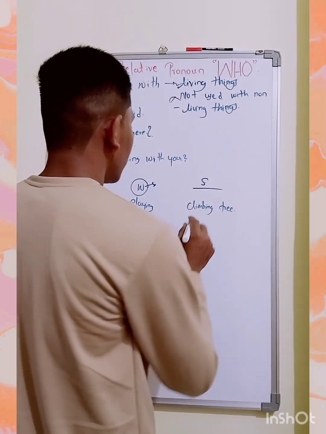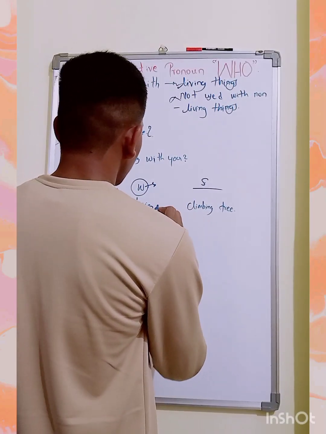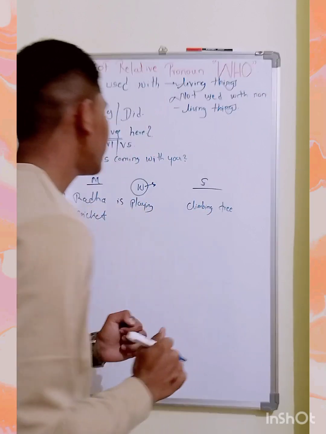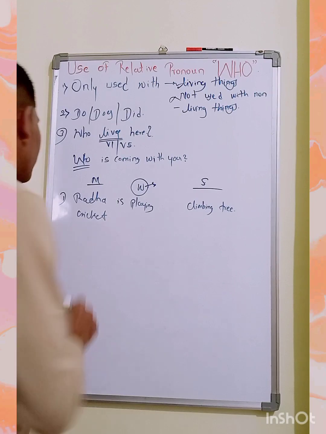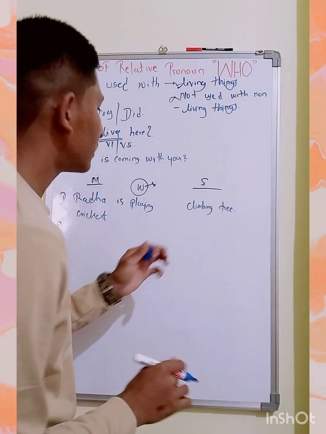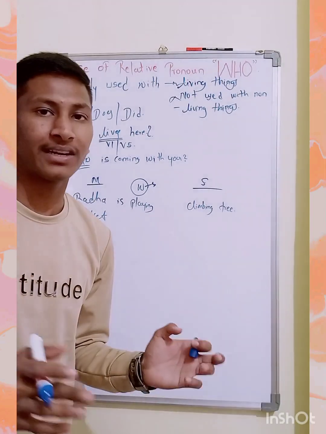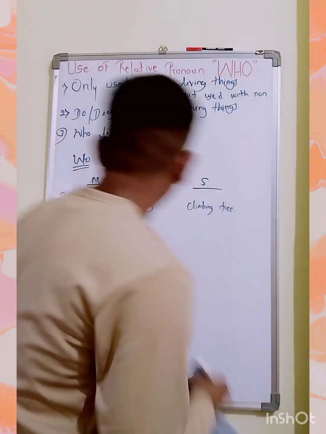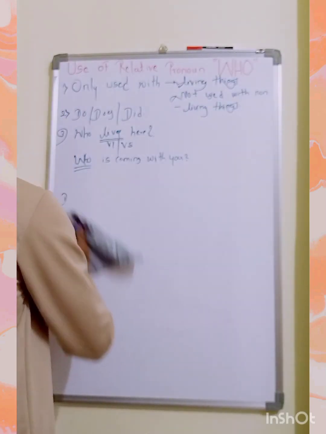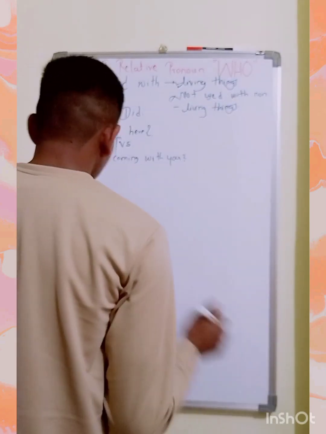Radha is playing cricket, here climbing tree, but this is not the correct sentence to use. I will give you another instance of how to use it, otherwise this will be a hodgepodge for you to understand. So I will drop this one, and I will give you very simple sentences now.